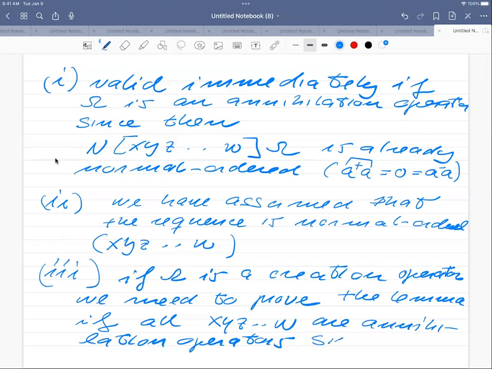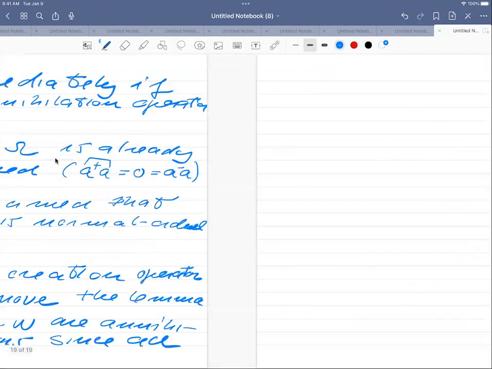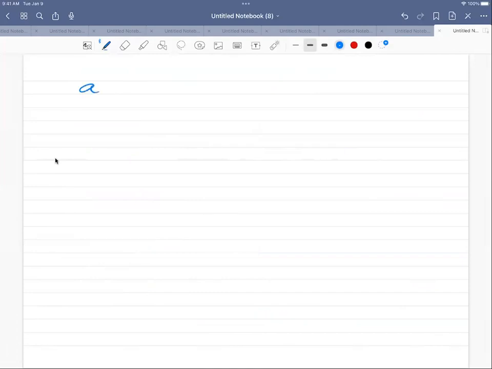Since all types of contractions which we would have then, all A dagger contractions, are equal to zero. So if the operators X, Y, Z are creation operators, then this is automatically zero, if omega is a creation operator. Because then the one contractions will automatically just be zero.